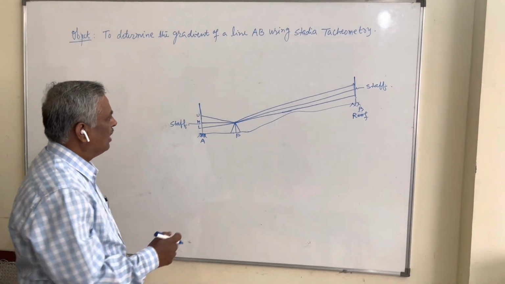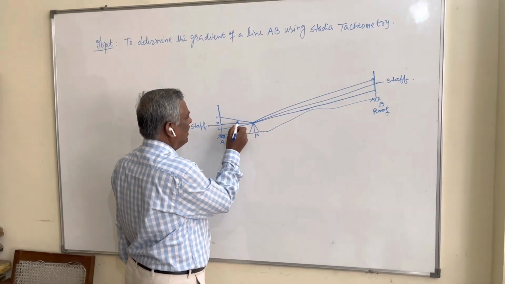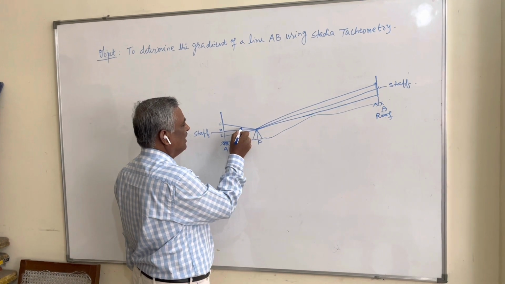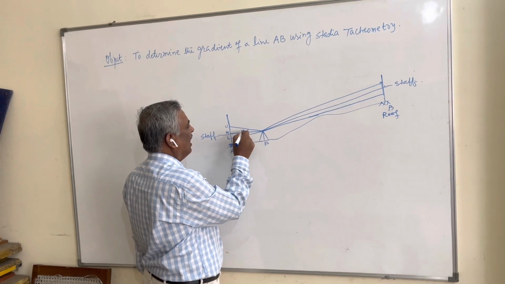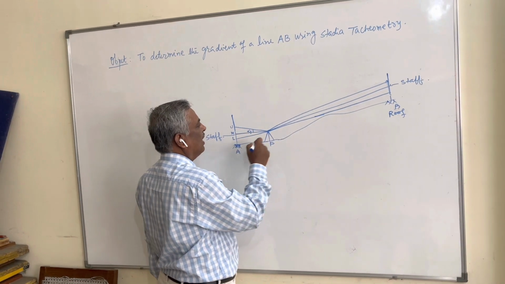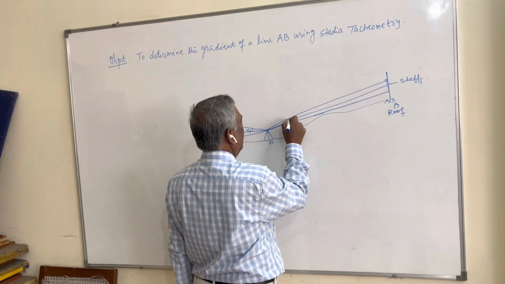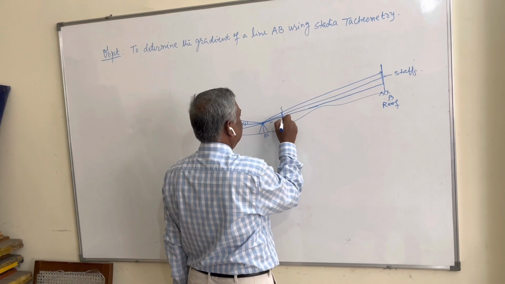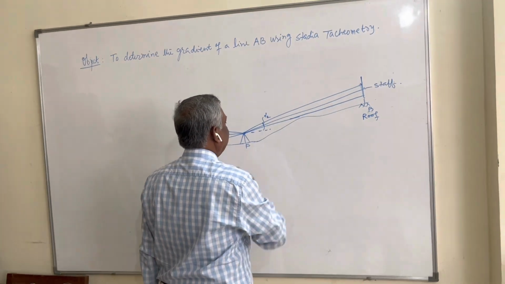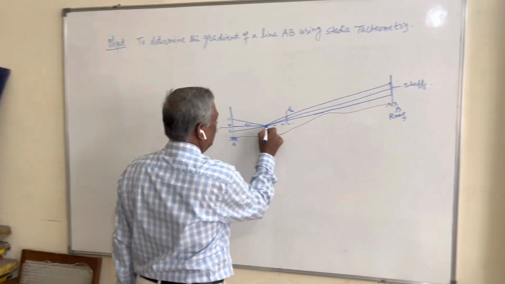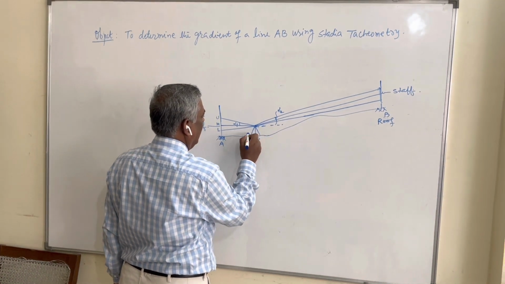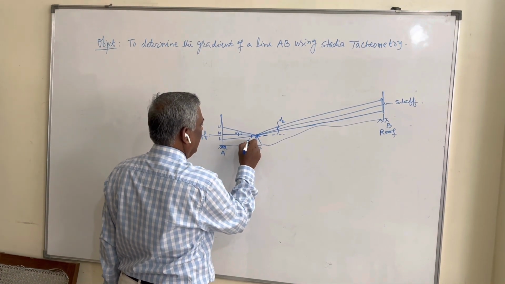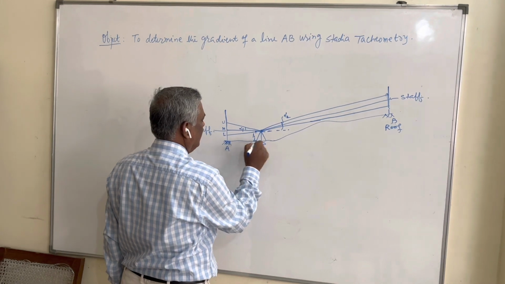So we have to record the vertical angle. Say this is the vertical angle alpha 1, and this is the vertical angle alpha 2. This is the height of instrument. H is the height of instrument.